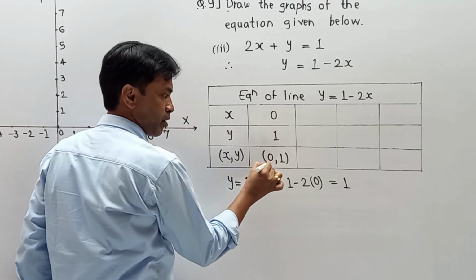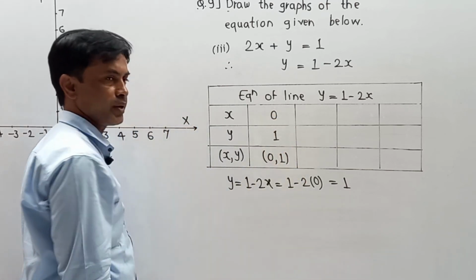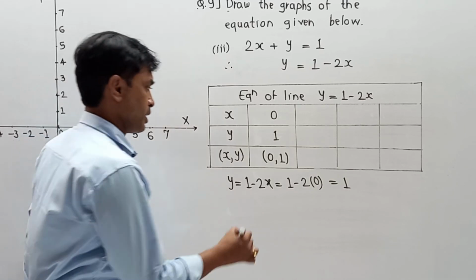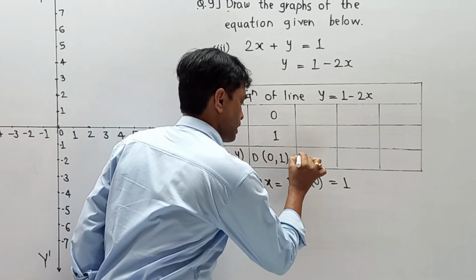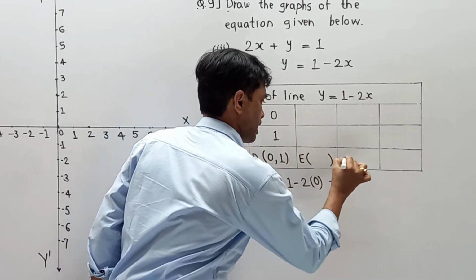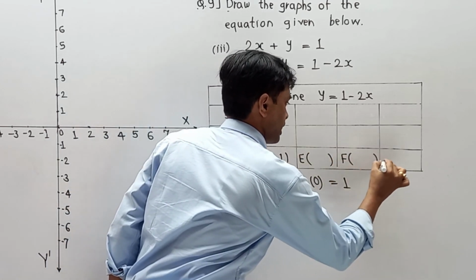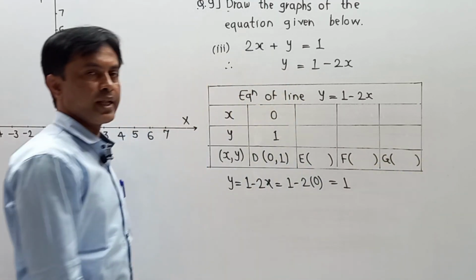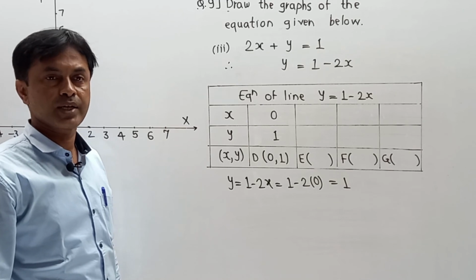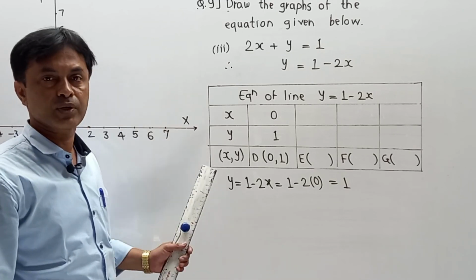First we write the value of x, then the value of y. Here I am going to call these points D, E, F and G. You can give any alphabetical name other than x, y, z, because we are using those as axes.